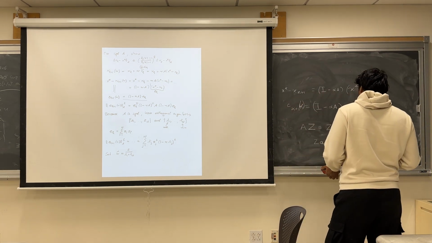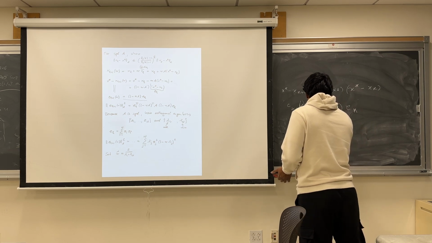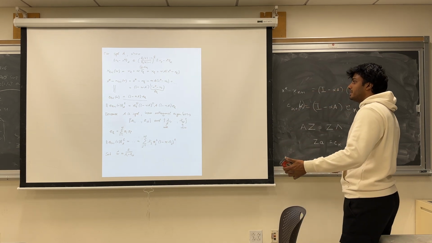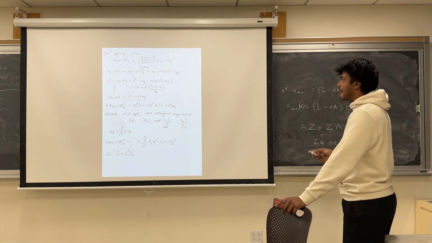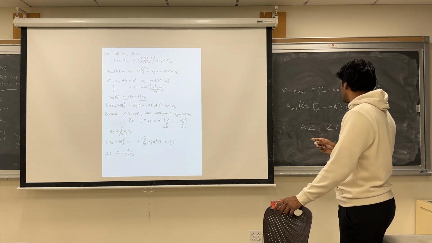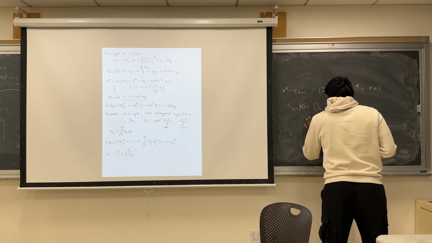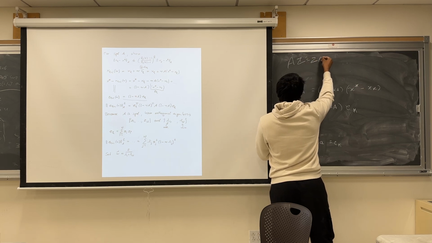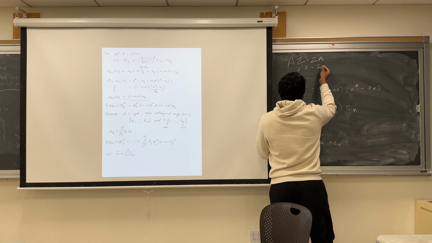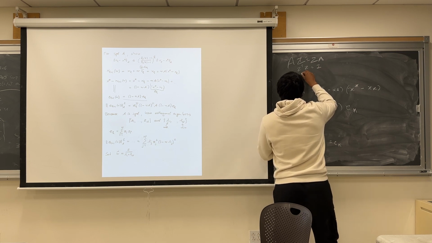Can I write that? Because A is SPD, it's an orthogonal eigenbasis, and it's an eigenbasis, that's the key thing. AZ is Z lambda, Z transpose Z is identity.